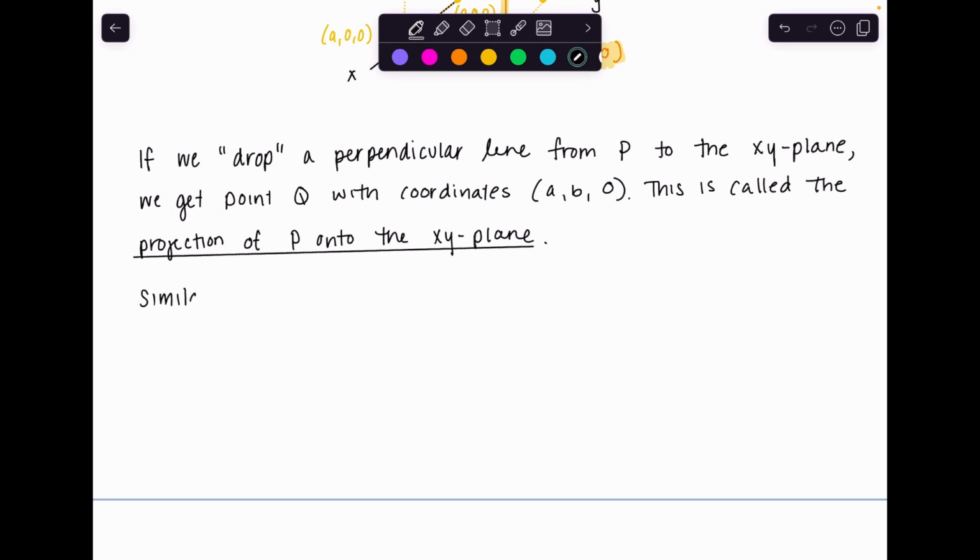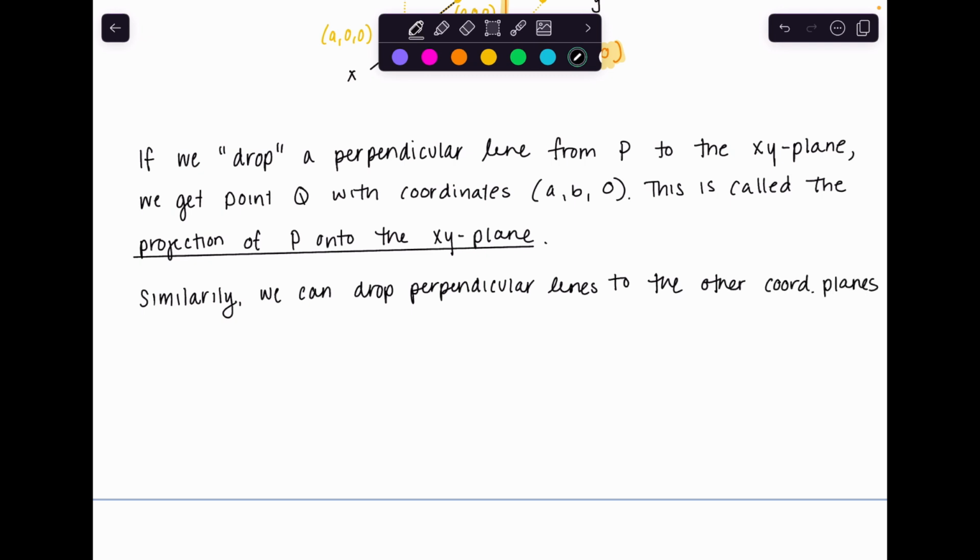I'm terrible at saying this word, similarly. Or similarly, we can drop perpendicular lines to the other coordinate planes to get the following points.